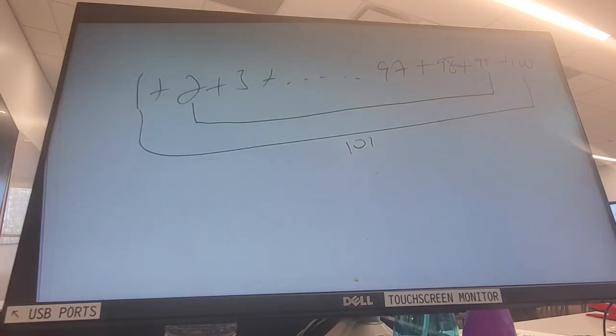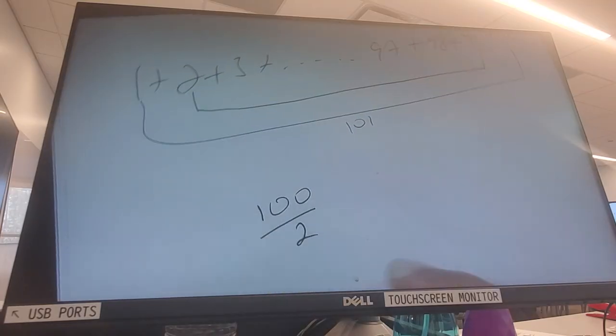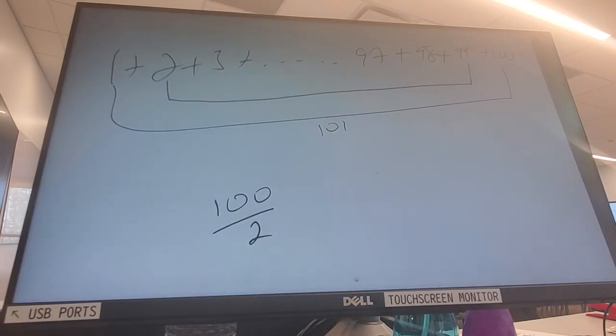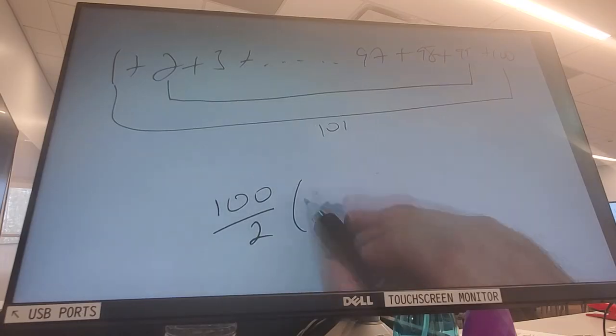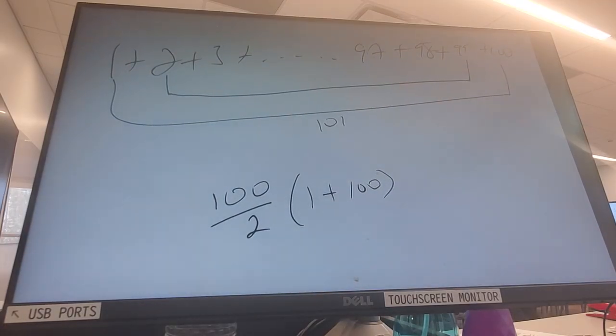So if n is 100, then 100 divided by 2 tells me how many pairs I get, times 1 plus 100 tells me the number they all add up to. Is everybody with me? 1 plus 100, the first and the last, added together gives the repeated sum. And how many there are divided by 2 gives how many pairs, how many 101s there are.